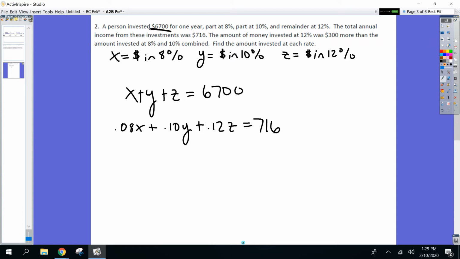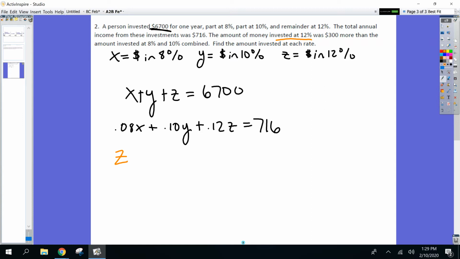And now the third part, which is probably going to be the hardest for us. I'm going to read this very slowly on purpose. Ready? The amount of money invested at 12%. What do I call it? Z was. Yeah, I know that.